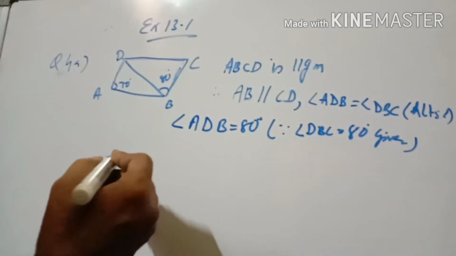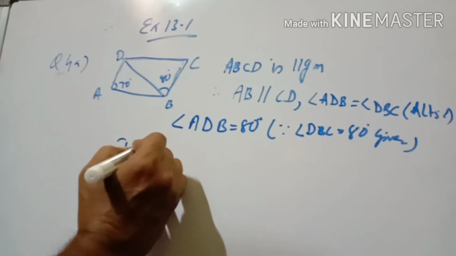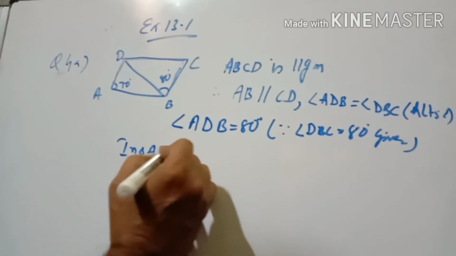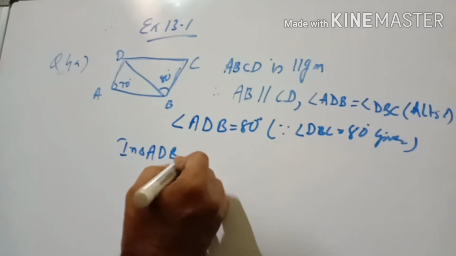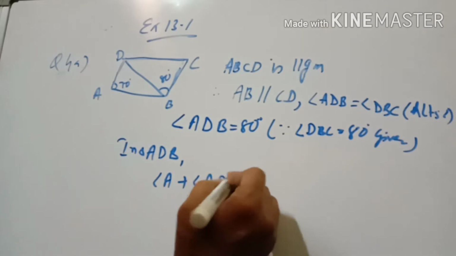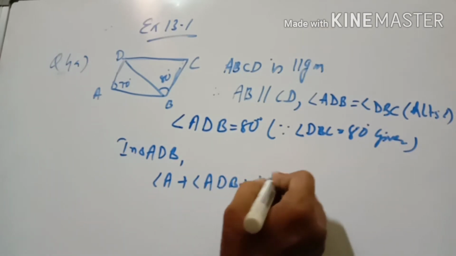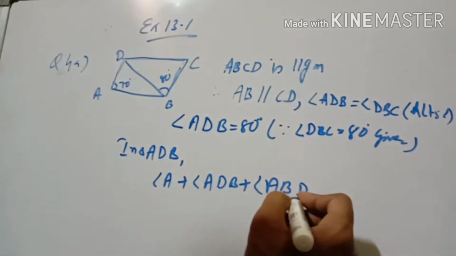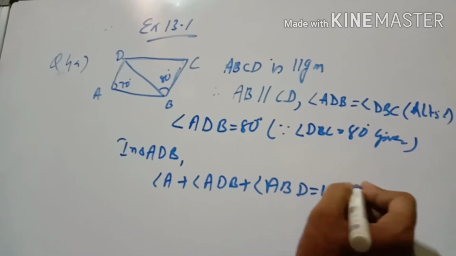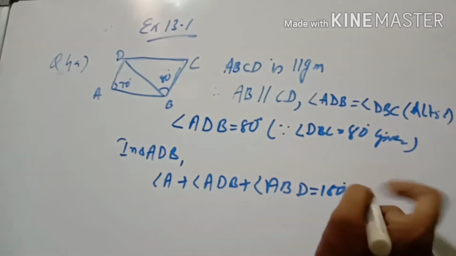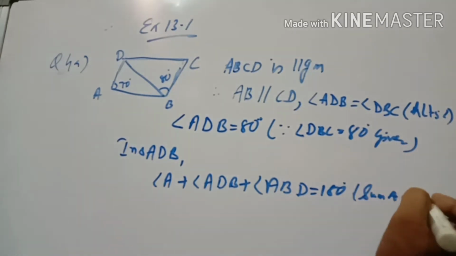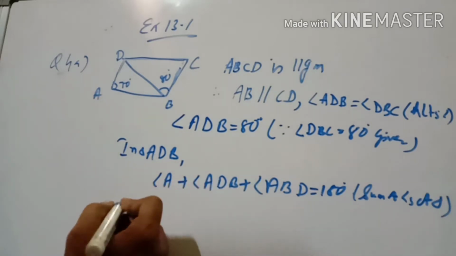Okay. Now in triangle ADB, angle A plus angle ADB plus angle ABD equals 180 degrees. Why? Sum of angles of a triangle.